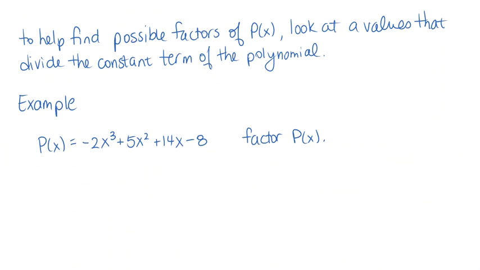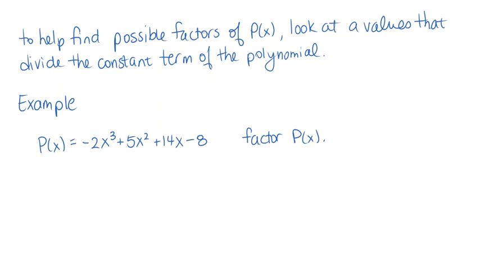Now to extend that even further, to find all the possible factors of a polynomial, you can look at the constant term of that polynomial and consider all the factors of the constant. So for instance, here is an example that we're going to look at.